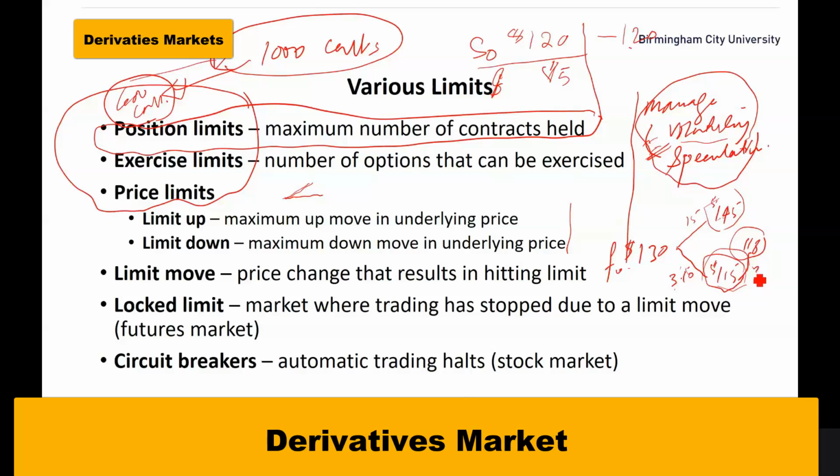So you see this 3 change has resulted in the price of the futures contract hitting the limit downwards. This will be considered a limit move because this change has put the trading at a halt. Whenever the limit up or the limit down is hit, that move is called the limit move and it will halt the trading. The trading will be stopped.